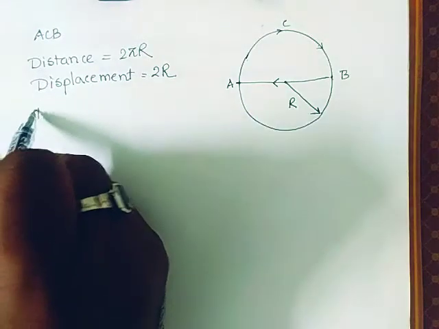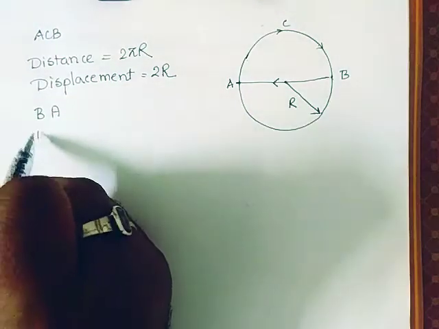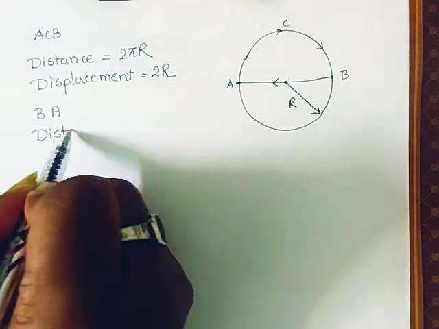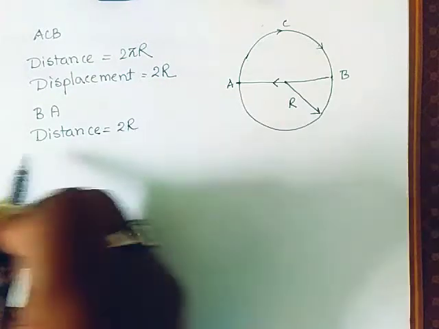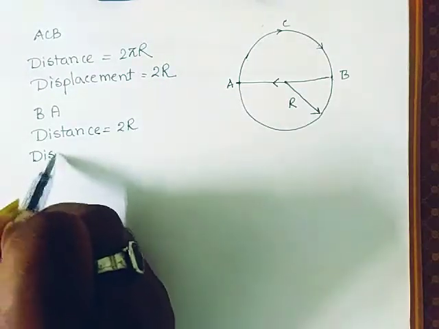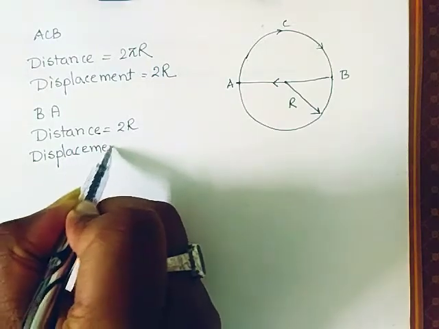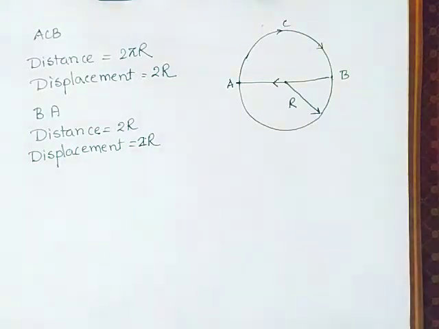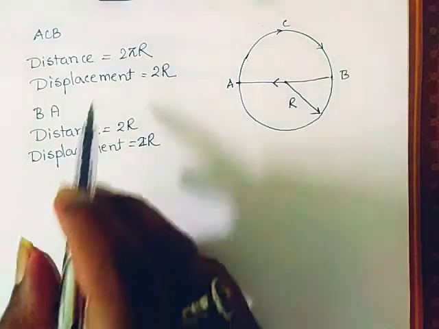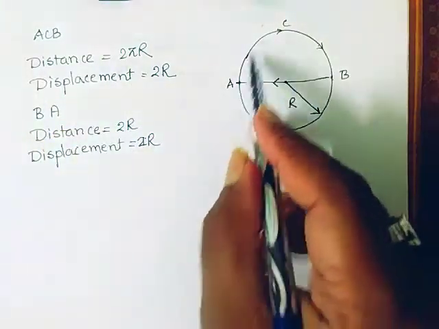When it is returning back from B to A, BA path, the distance is 2r. The displacement is 2r.